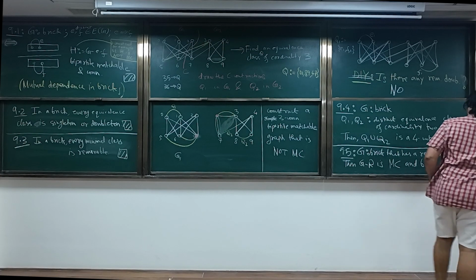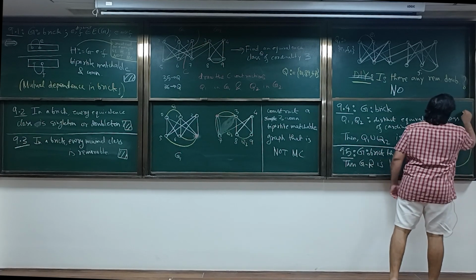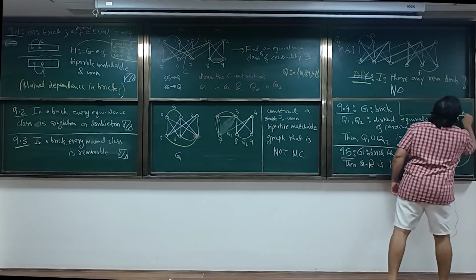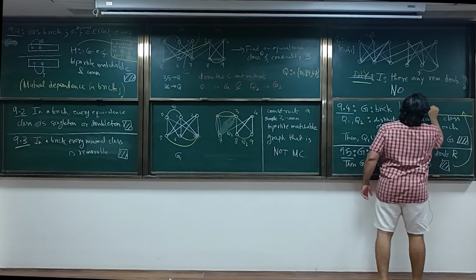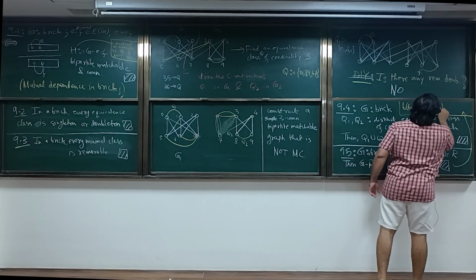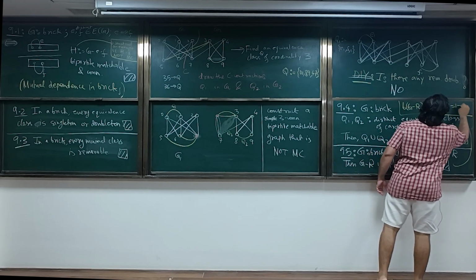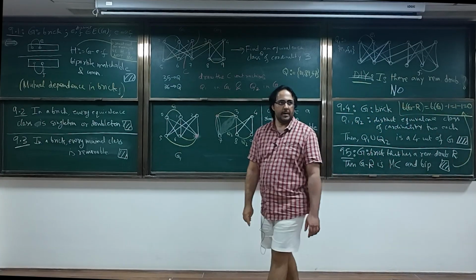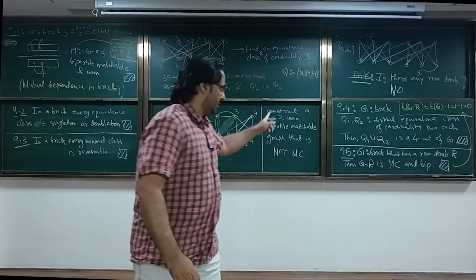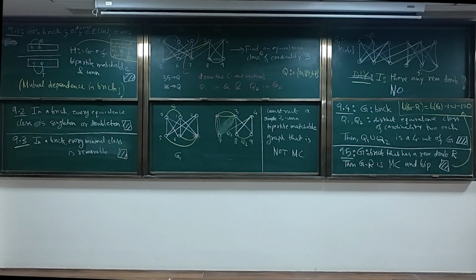This is a manifestation of a more general statement. So observe that b of G minus R is actually equal to b of G minus 1, which is equal to 1 minus 1, which is equal to 0 in this case. Yeah, but we will see that this is more general than this. Okay, good. All right.